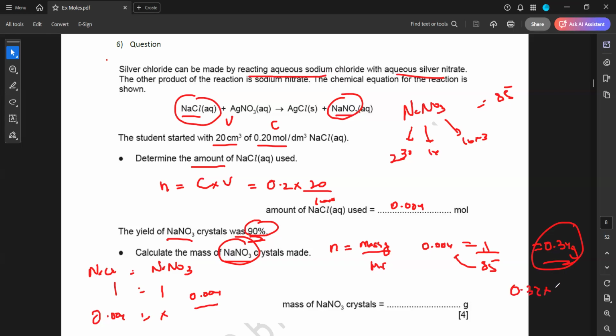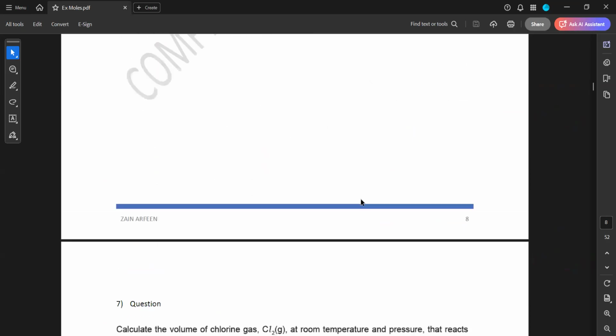So 0.34 multiplied by 90 divided by 100, we got 0.306. So 0.306 grams, that is what we will get. Because 90% is a yield, 90% is what we are getting, we're not getting the 100%.